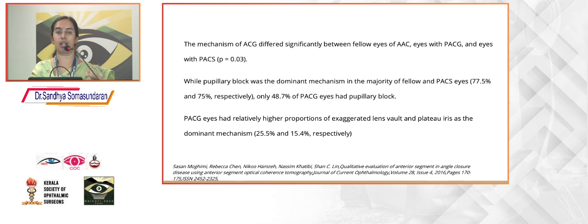That means in acute angle closure glaucoma, main mechanism is pupillary block. But when they go to that chronic phase, the mechanism is different, not always pupillary block. And PACG eyes, chronic glaucoma eyes, have relatively higher proportions of exaggerated lens vault and plateau iris as dominant mechanism.